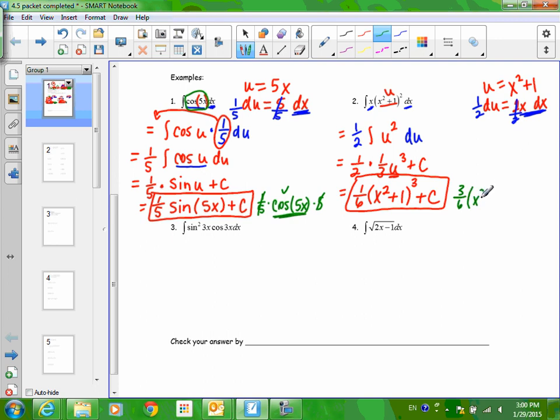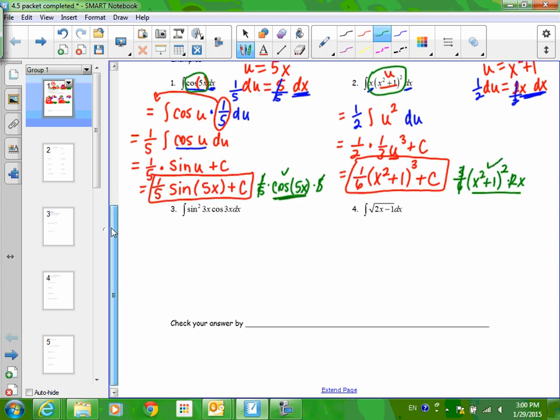Keep the inside the same. Subtract 1 from the power times derivative of the inside. And so 3/6 times 2, that cancels out. And what you have is exactly what you started with, what's between the integral and the dx. So you know we did it right.